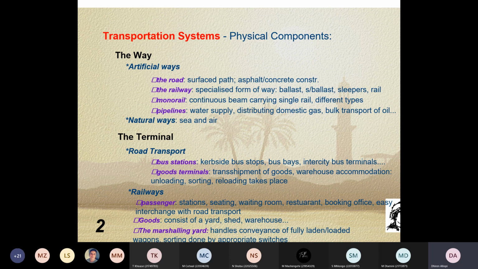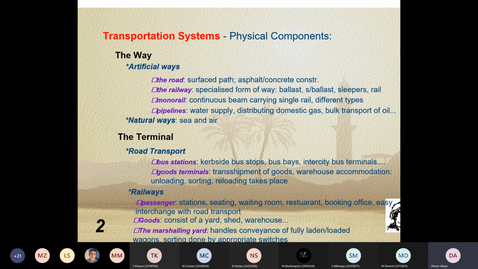So we have artificial ways like a road. So you have a proper surface path, whether it's flexible pavement, asphalt, or whether it's rigid pavement, concrete construction falls under rigid pavement. And I assume you know the difference between a flexible pavement and a rigid pavement.